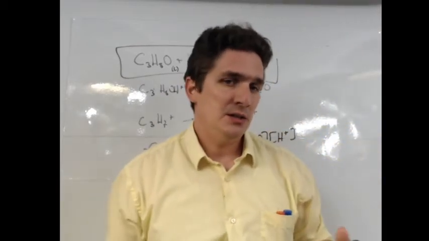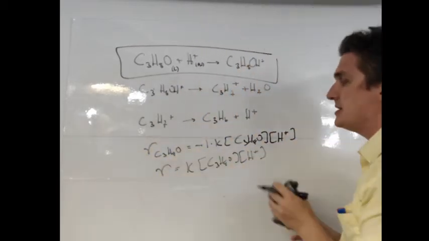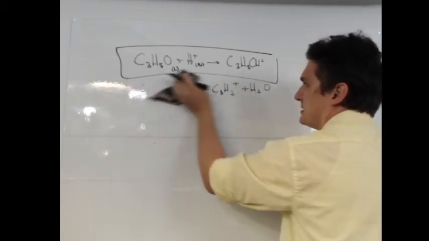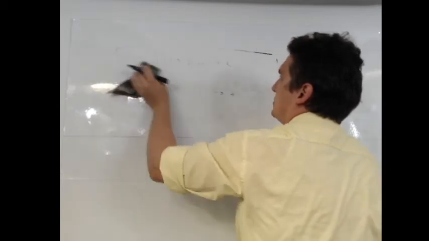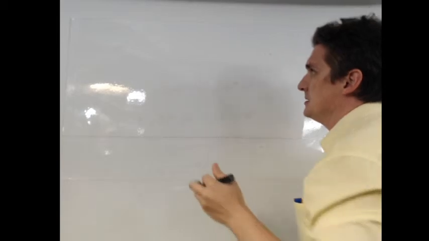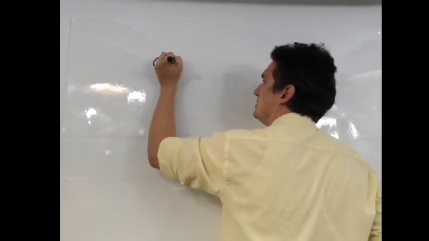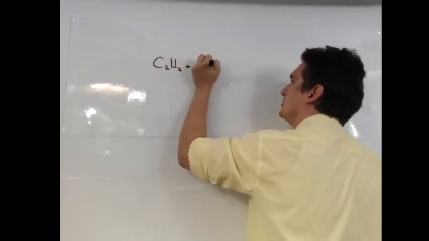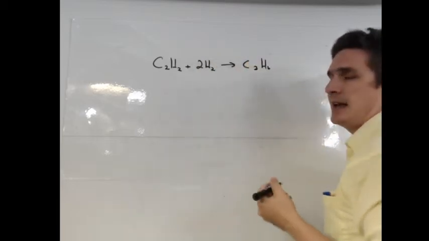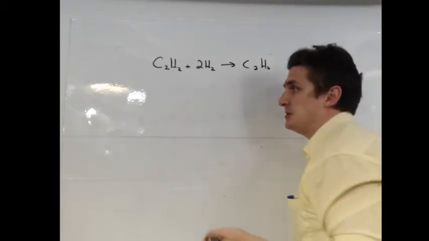Now, just to simplify and make sure you're understanding the concept better, what you would more expect to see for a question like this is, let's say the reaction C2H2 plus 2H2 going to C2H6 is elementary as written.